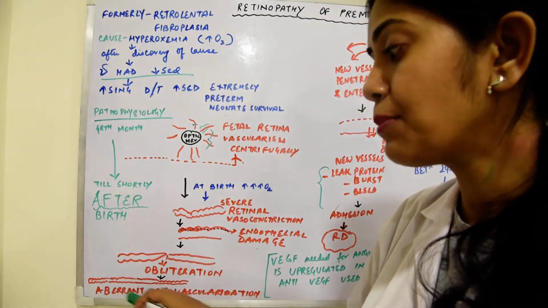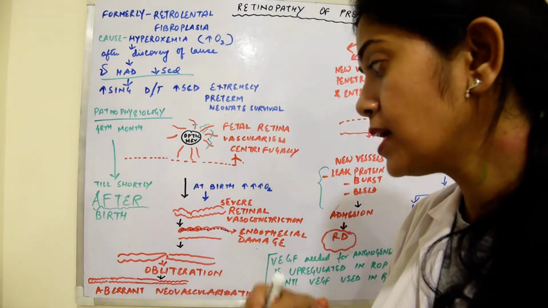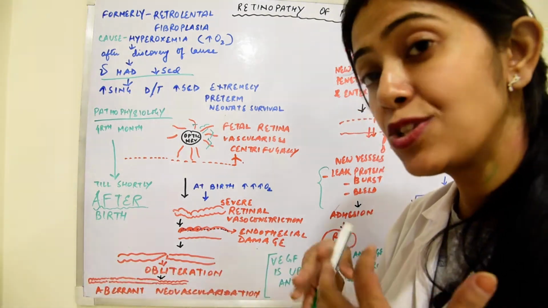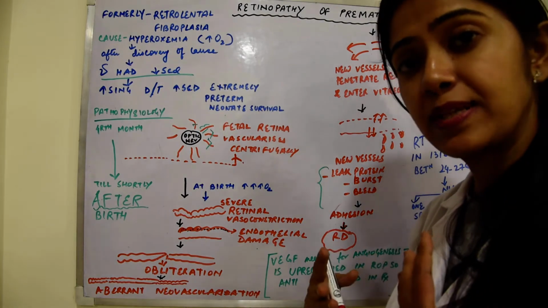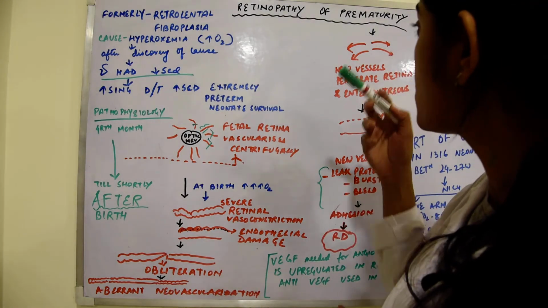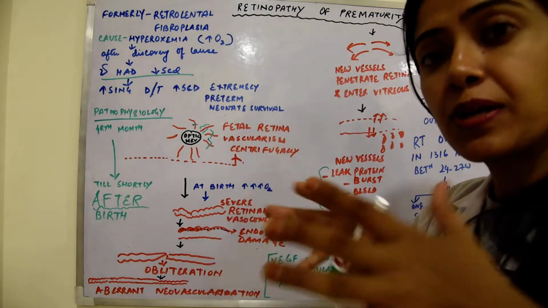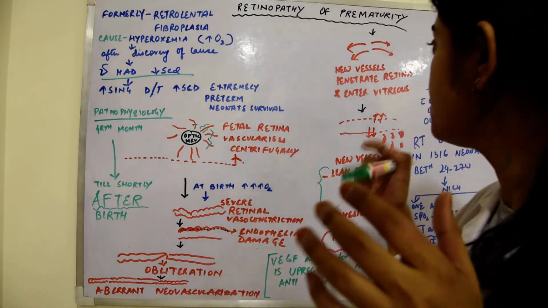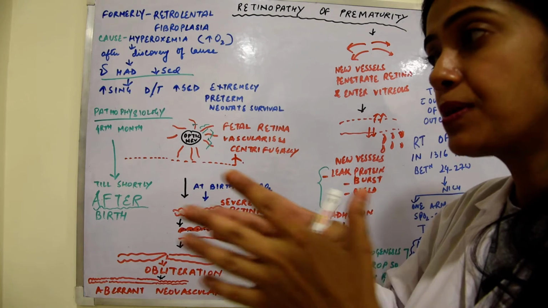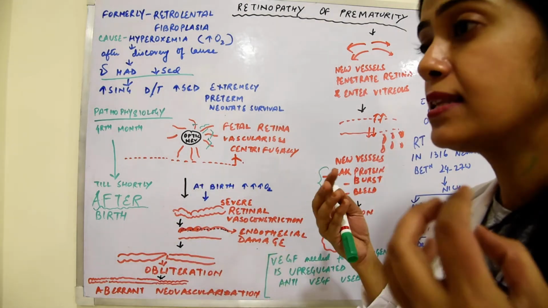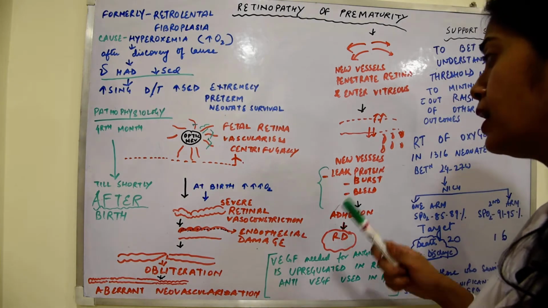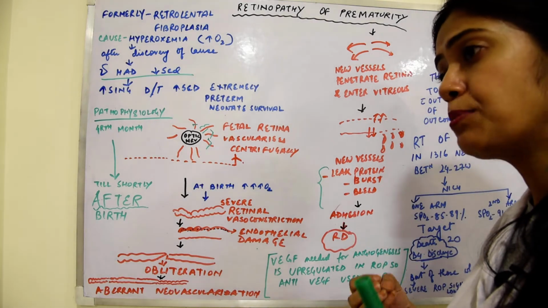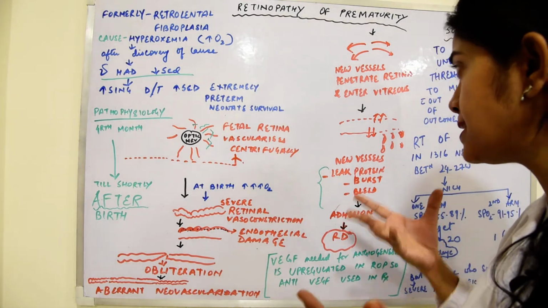So there is aberrant neovascularization, the blood vessel tends to reform, but these are aberrant vessels, because of which they tend to penetrate from the retina into the vitreous humor. So it spreads into the vitreous humor. These are aberrant blood vessels, so they will lead to leak of proteins, they can burst at times, they can bleed at times.